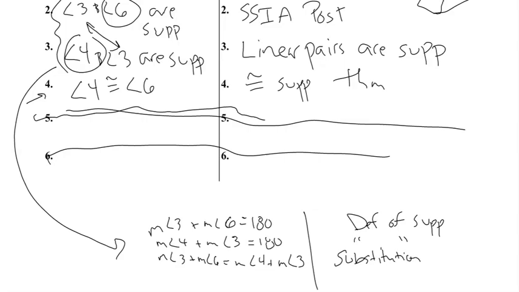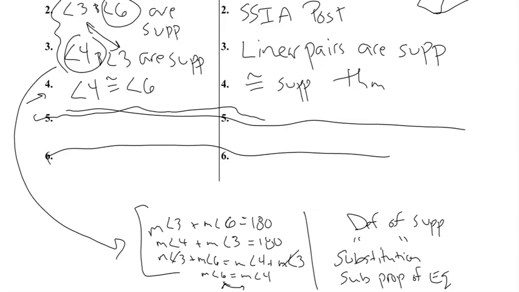Then you would have had to subtract away the 3's. Measure of angle 6 equals measure of angle 4, subtraction property of equality. Then you would have had to switch the sides. How would you have done that? Symmetric property, and then you would say definition of congruence. But all of these steps can be left out if you just remember that you can use the congruent supplements theorem.